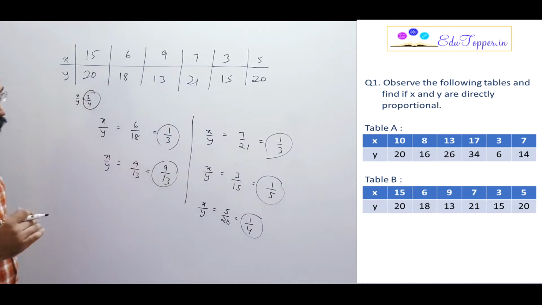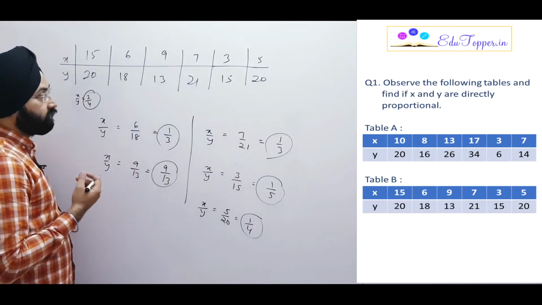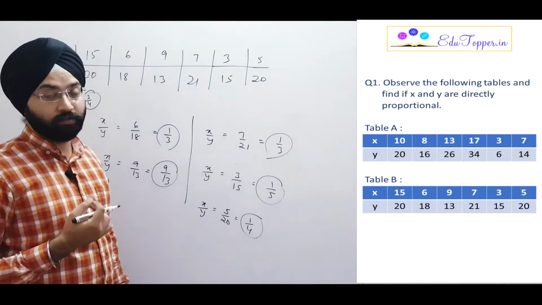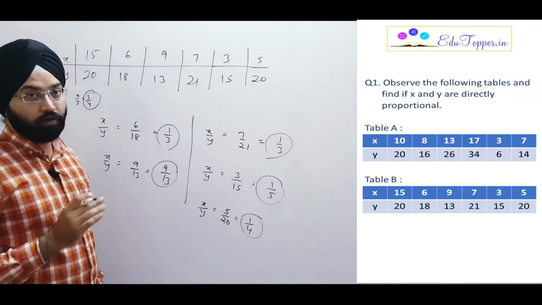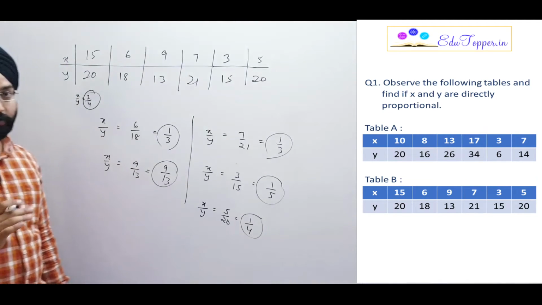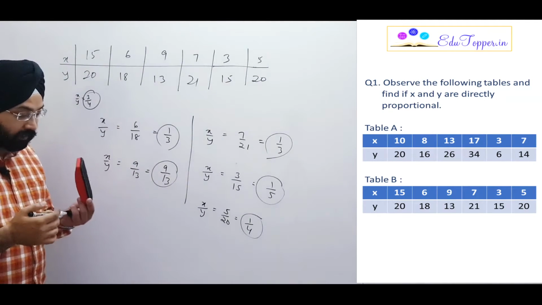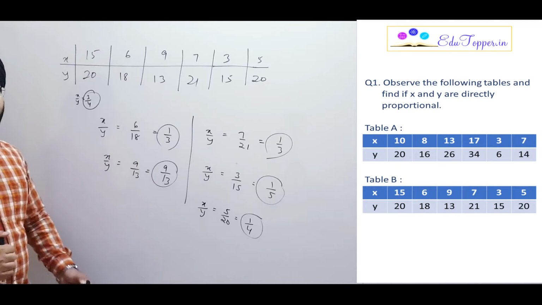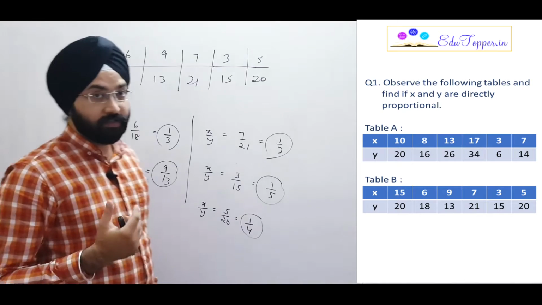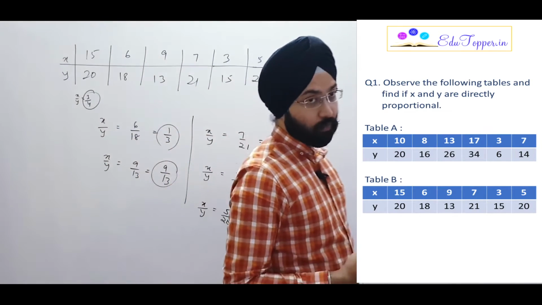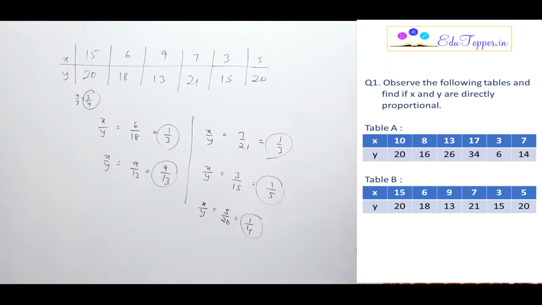So now here we can say that since x by y is not constant, the given values are not directly proportional. So we'll say that in table B, x and y are not directly proportional. Whereas in table 1, since x by y was a constant, that is 1 by 2, the values were in direct proportion.